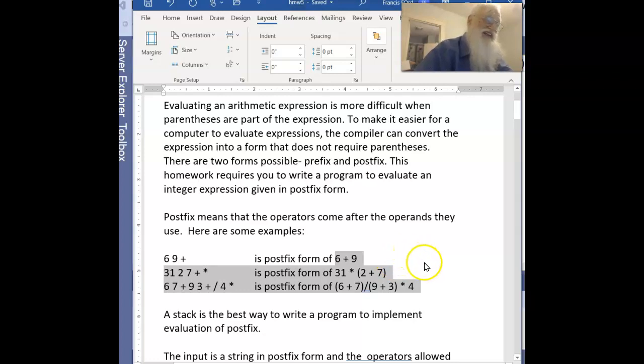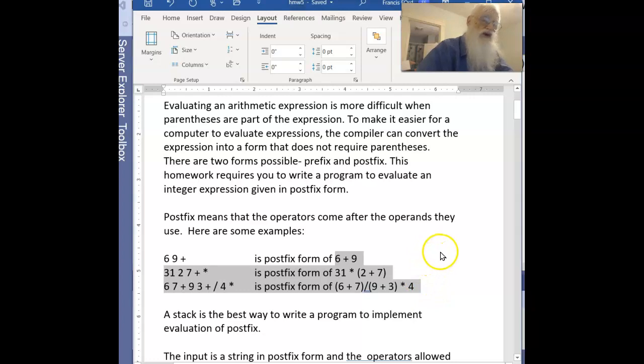That's why it's infix. But that particular method requires us to use parentheses. And when a computer is evaluating an expression, the parentheses cause problems. It would be better if there were no parentheses.